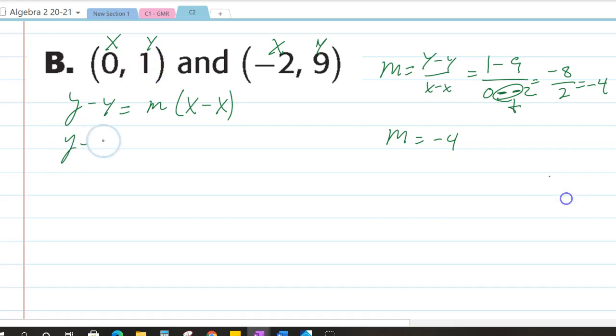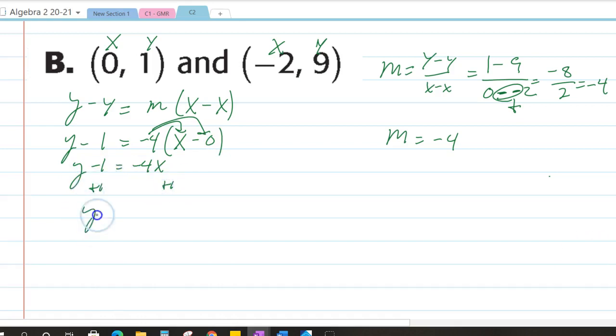That gives me y minus 1 is equal to -4 parenthesis x minus 0. Distribute the -4 through. Y minus 1 is equal to -4x plus 0. I don't have to write that. Now, in order to get the 1 to go the other side, I add 1 to both sides. Y is equal to -4x plus 1. That is my slope-intercept form.